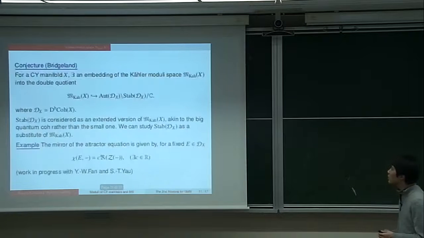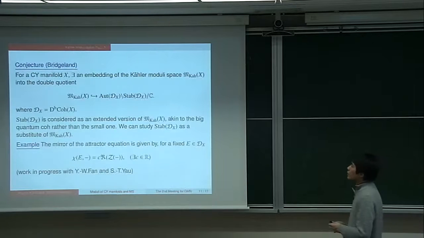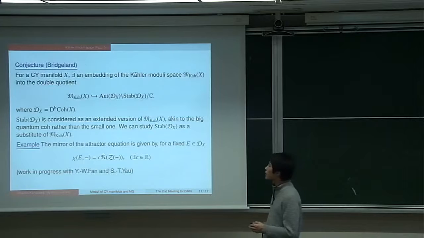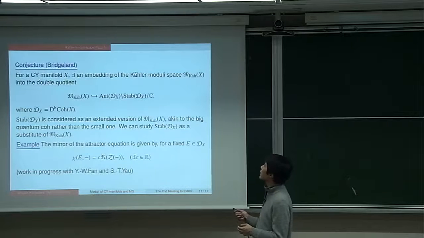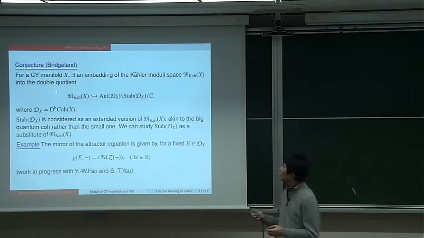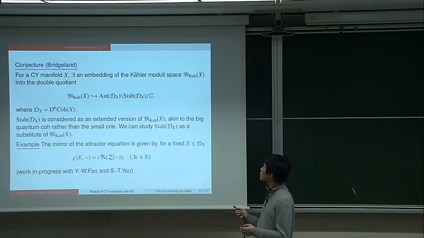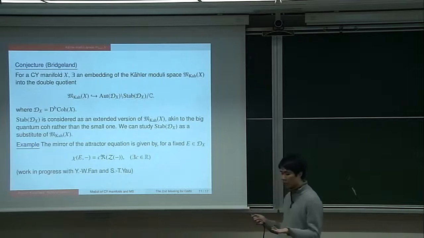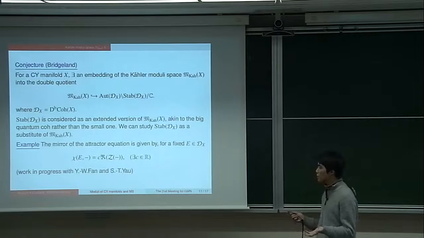And the claim or conjecture is that for a Calabi-Yau manifold X, there exists an embedding of the Kähler moduli space into the double quotient. So Stab is the set of stability conditions, and there is a natural action of autoequivalences of the category.